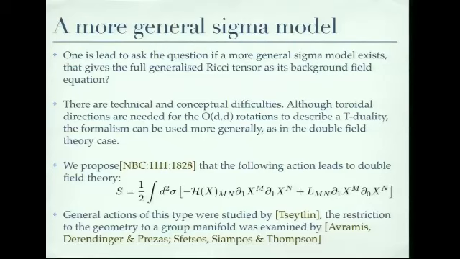Okay, so that was the case for the double formalism, but then we're led to ask if a more general sigma model exists, one for which the background field equation gives the whole double field theory, basically. So there are some difficulties in writing this down originally. That's why the double formalism was restricted to this class of backgrounds with no dependence on the fiber coordinates.